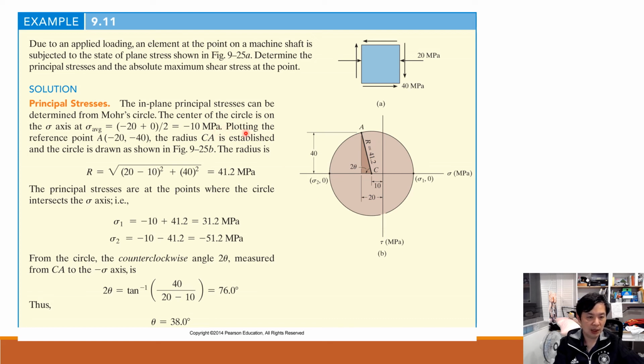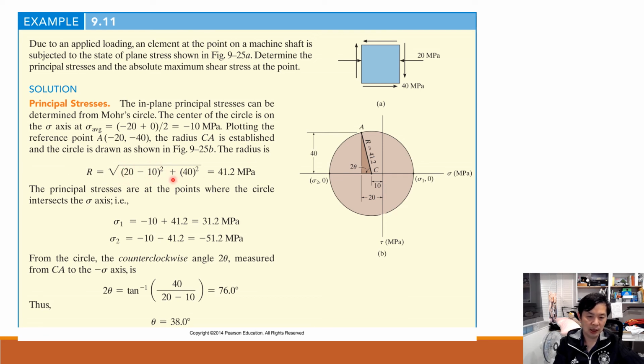Then we plot the reference point A as minus 20, minus 40. Sorry, this is minus as well because it goes down in the x direction, in the normal x direction. So minus 20 and minus 40 would be A, and how to plot it? We go 20 here, 40 here, we get point A. Once we have this circle, if you want to find the principal stresses, this circle gives you the solution. The center is here, and the radius is this big value.